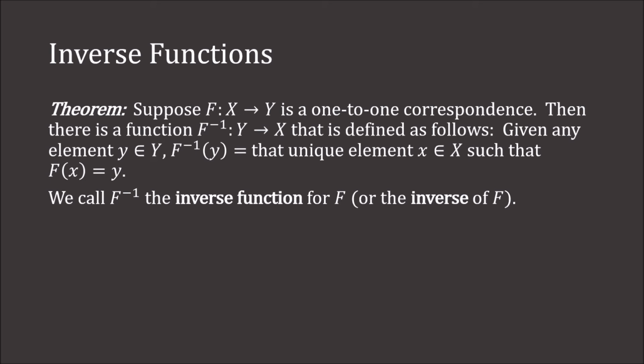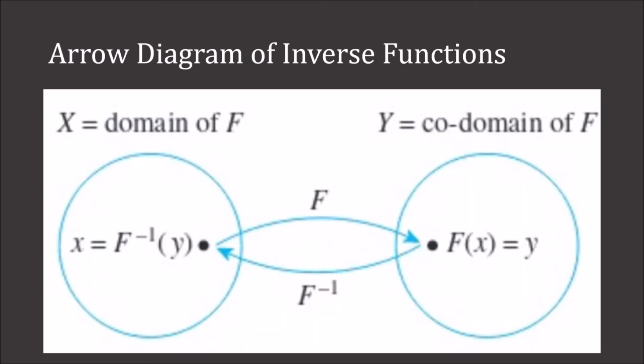I already explained why this is true, so the proof follows immediately from the definitions of one-to-one and onto, and we will not look at an in-depth proof here. Here's an arrow diagram of inverse functions. f will take an element x and send it over to y. What f inverse does is it takes that element of Y and sends it back to x.